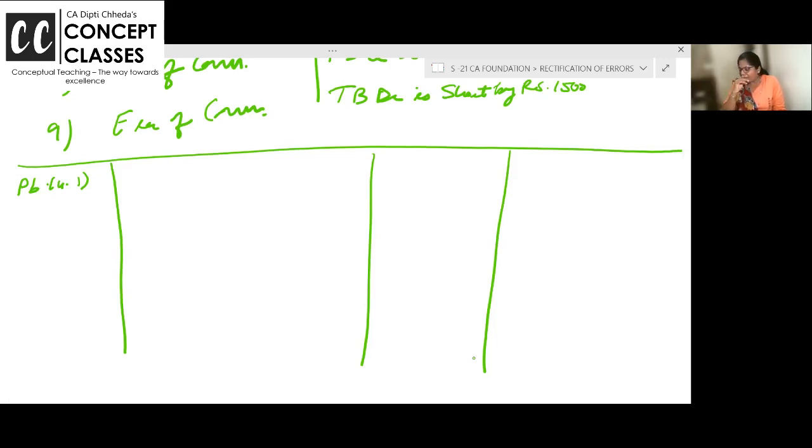Please give me a message in the chat box: if you still want wrong entry, correct entry, rectifying entry, I can solve one more time. Or shall we directly pass the rectifying entry? Then in that case, the wrong entry and the correct entry should be in your mind. Whichever way you want, I will go. I am in teaching mode, so I will go as you say.